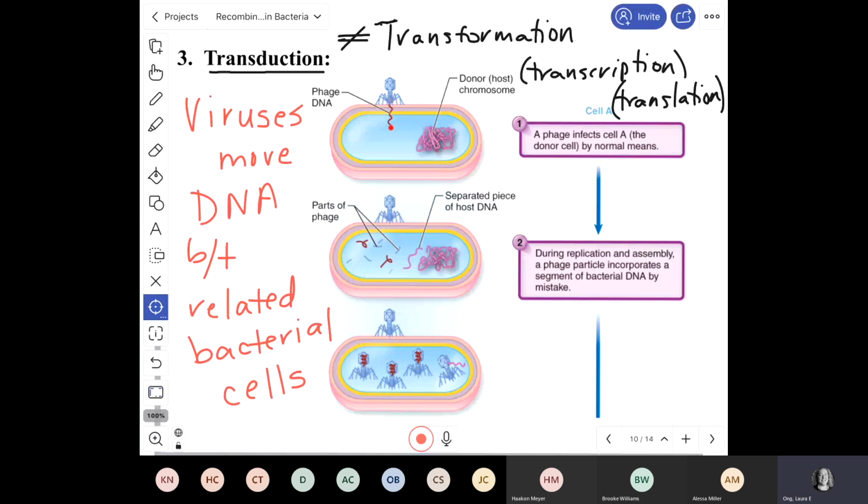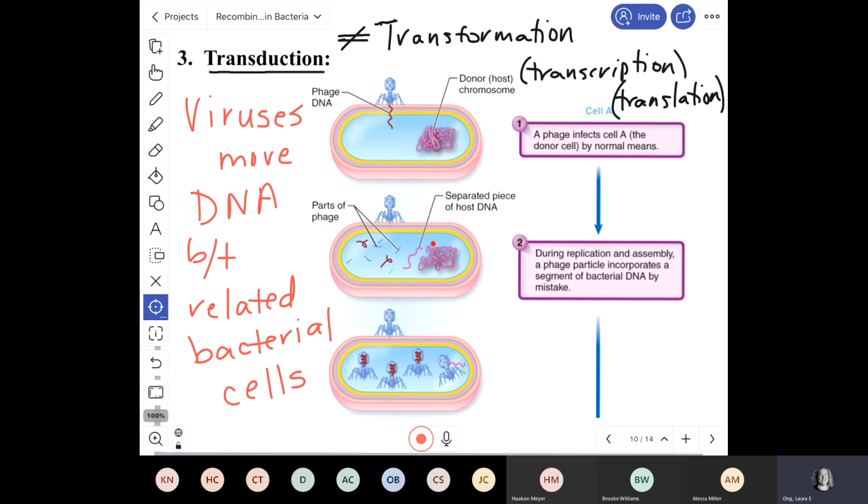That's the penetration step. And the virus genome will be inside the bacterial cell along with host DNA. So we've got virus DNA in the red, and the host DNA is in this pinky color.